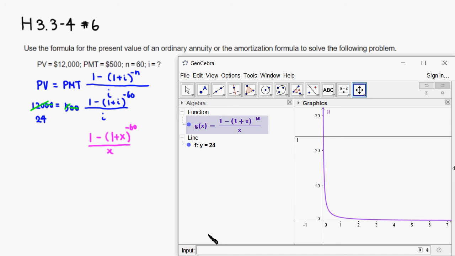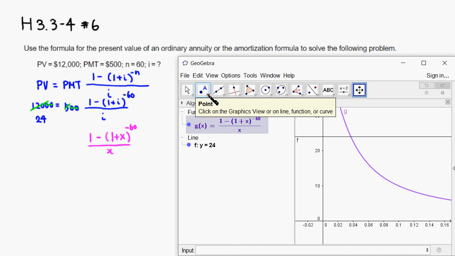So you have that. Then we're looking for x, which is the intersection of these two, because this is an equation, so we have to make sure that the 24 is equal to this right hand side there, right? So I'm going to maybe rescale a little bit so you can see the intersection. Now you can see the intersection there, right?